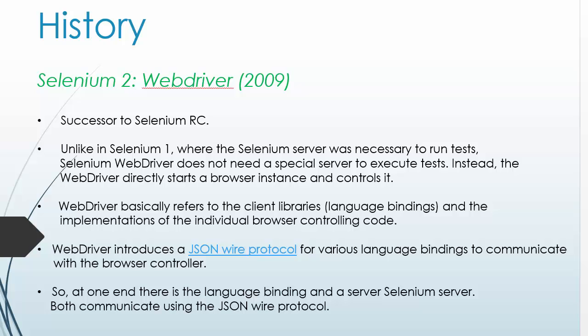Let's say if it has Java, it will do Java binding with the browser. If it has JavaScript, then it will do it accordingly. And it uses the JSON wire protocol for the various language bindings to communicate with the browser control.